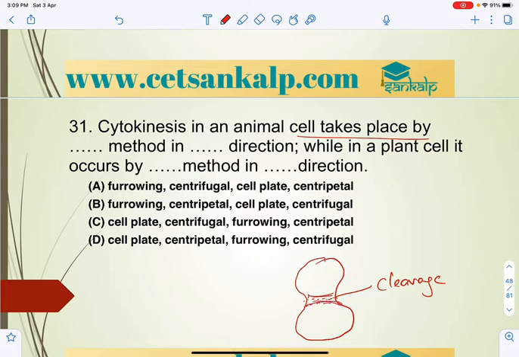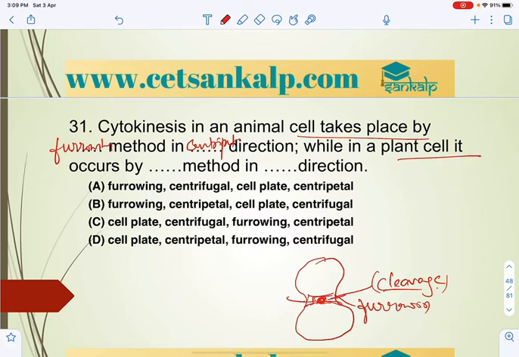So when this furrowing takes place, that is during cleavage, the furrowing method is in the direction towards the center, that is centripetal.